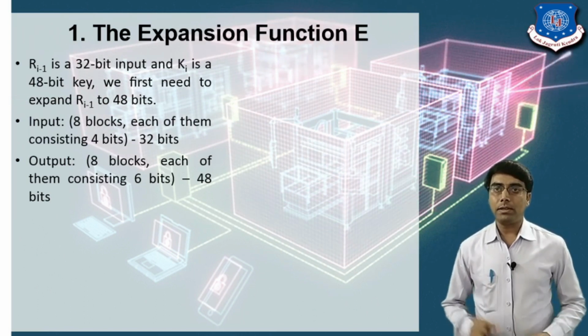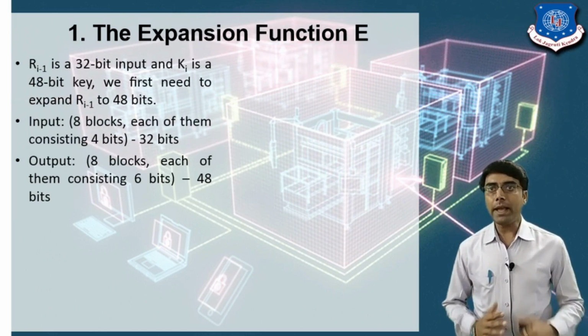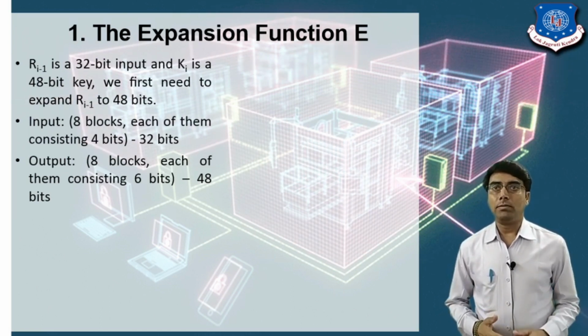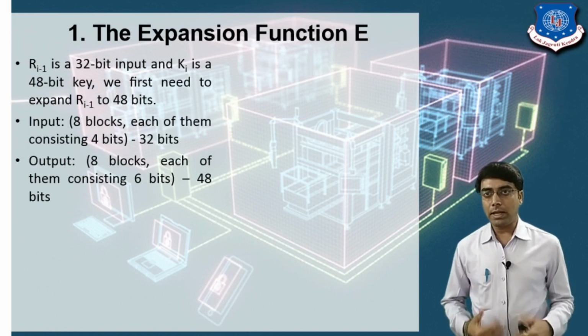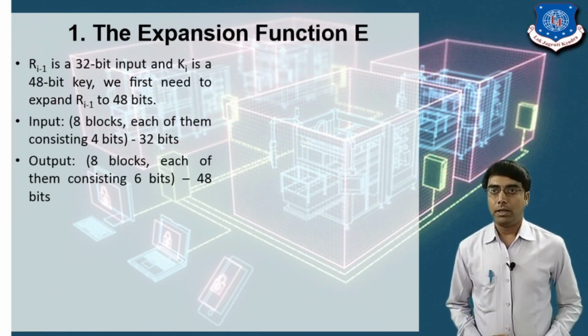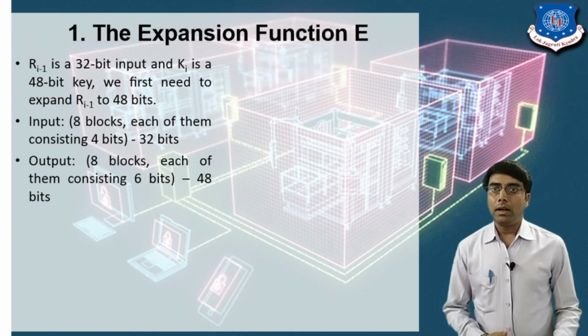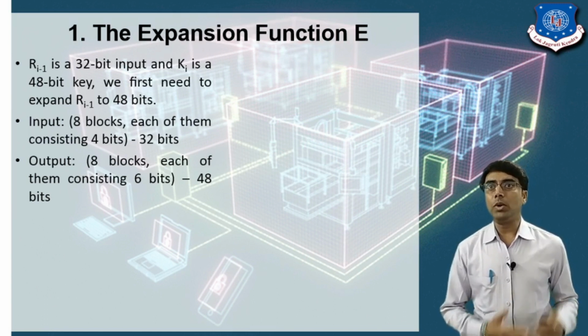I already discussed why we use the expansion function. In the expansion function, we convert the 32-bit into 48-bit. That's why our input is 32-bit and we generate an output of 48-bit.